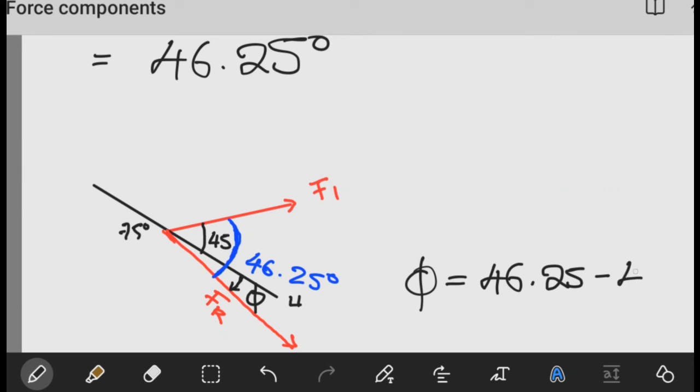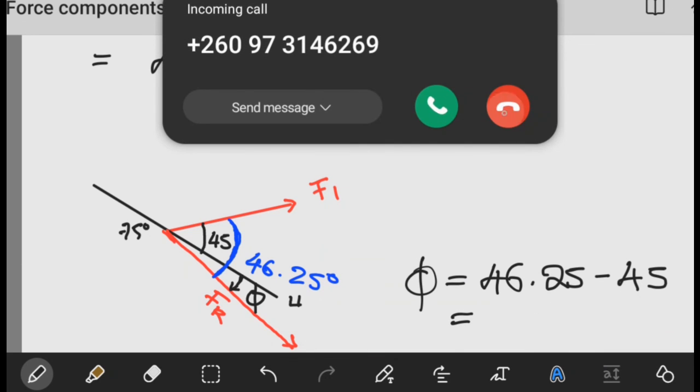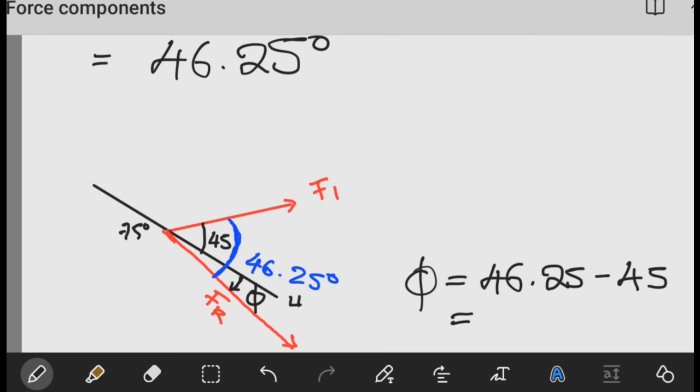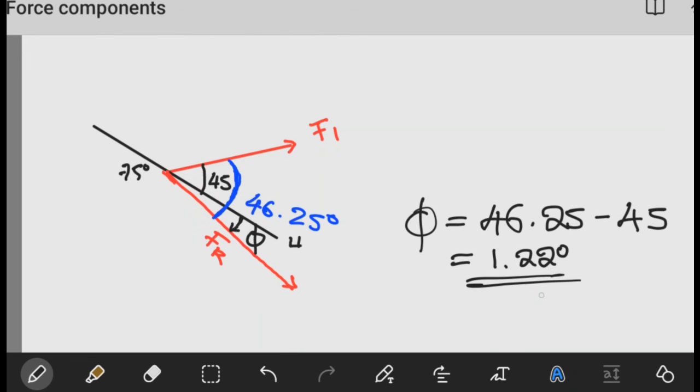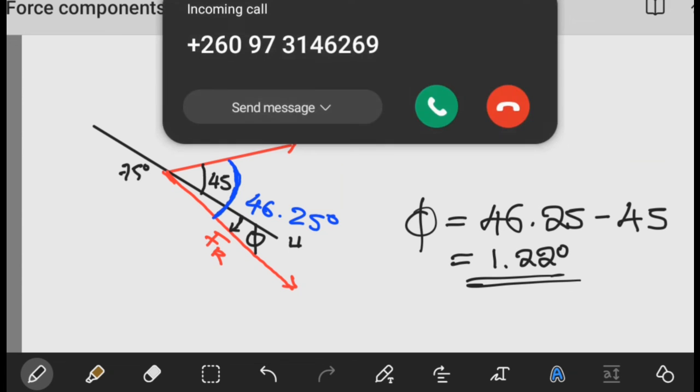And if we do this, phi comes out as 1.22 degrees. So there we have it. This is the direction of the resultant vector measured clockwise from the U-axis.